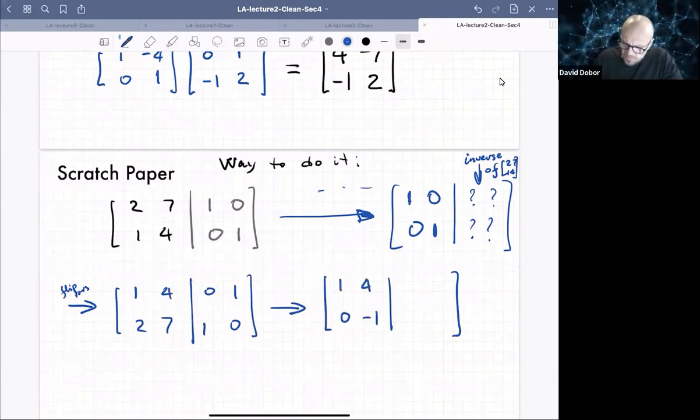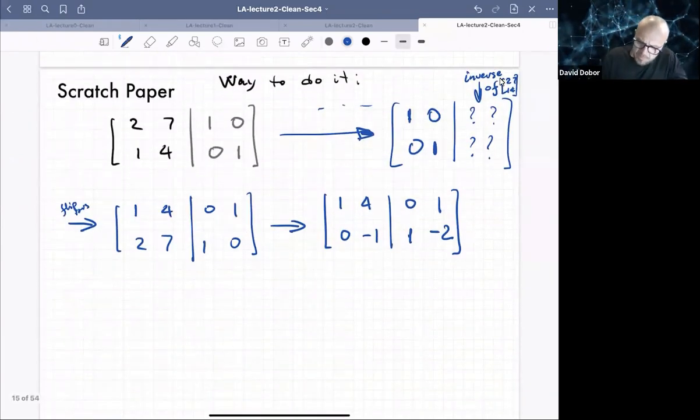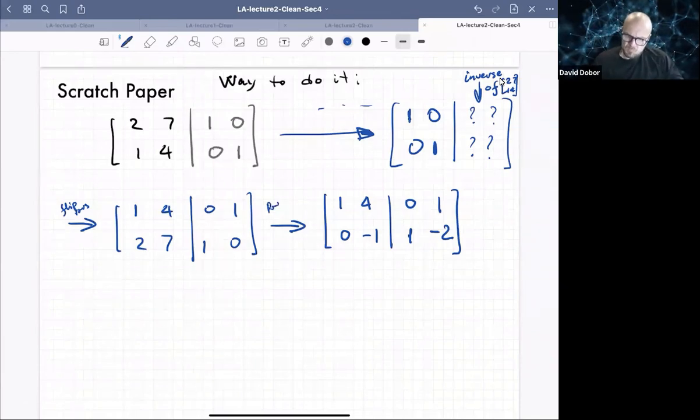So you leave the first row as it is and subtract 2 times row 1 from row 2. Do I get this? Okay, and then we continue. So this is row 2 minus 2 times row 1. Then we continue. What do I do here?